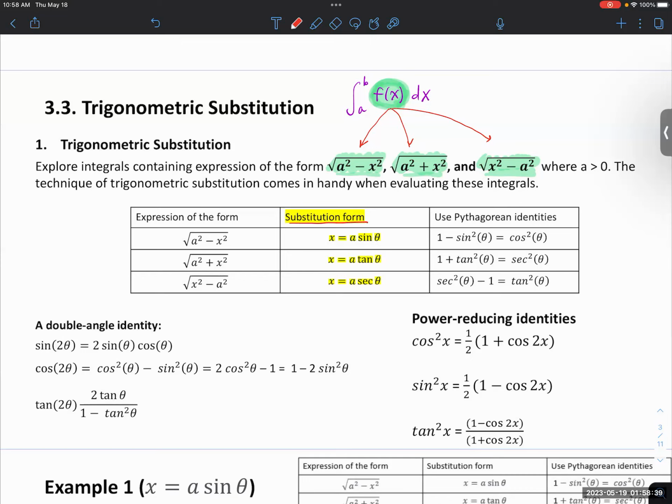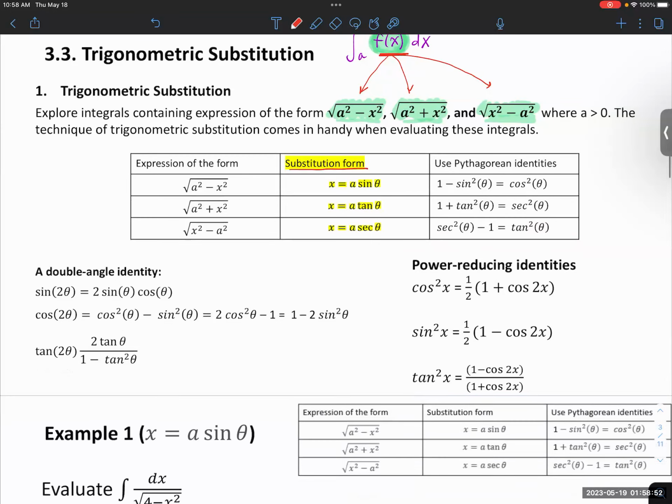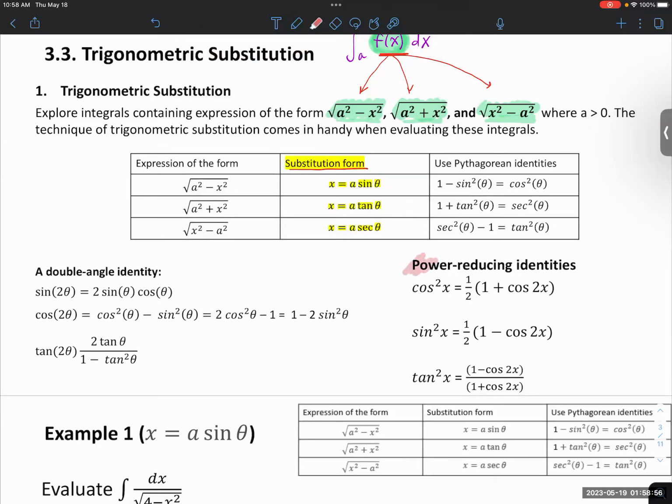Before I introduce that particular weird form of the function, I'm going to show you a couple of identities that help us solve the problem in an efficient way. In the last video, I introduced the power reducing identity. Do you remember that? Cosine squared x, you can reduce the power, making it equal to 1/2 times (1 plus cosine 2x).